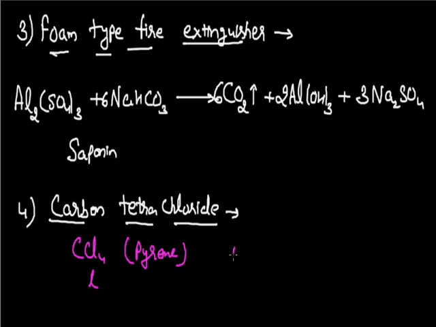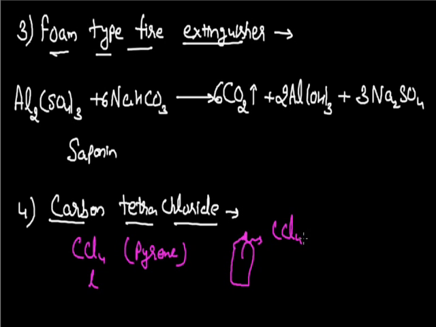Now when this carbon tetrachloride or pyrene is stored in a bottle, in buildings we can use this kind of bottle. When you are to use it, the bottle is sprayed with the nozzle, and by spraying, the carbon tetrachloride comes out in the form of gas or vapor.